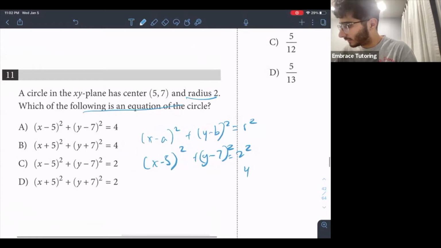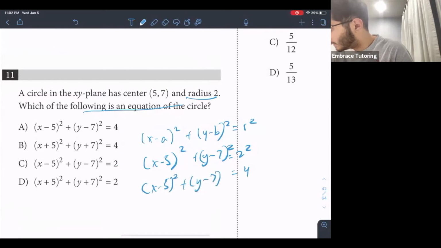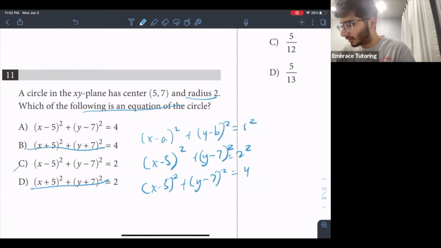And so we have to match it with the equations. This is 4, so we can simplify. x minus 5 squared plus y minus 7 squared is good. This one's not good, it's not equal to 4.